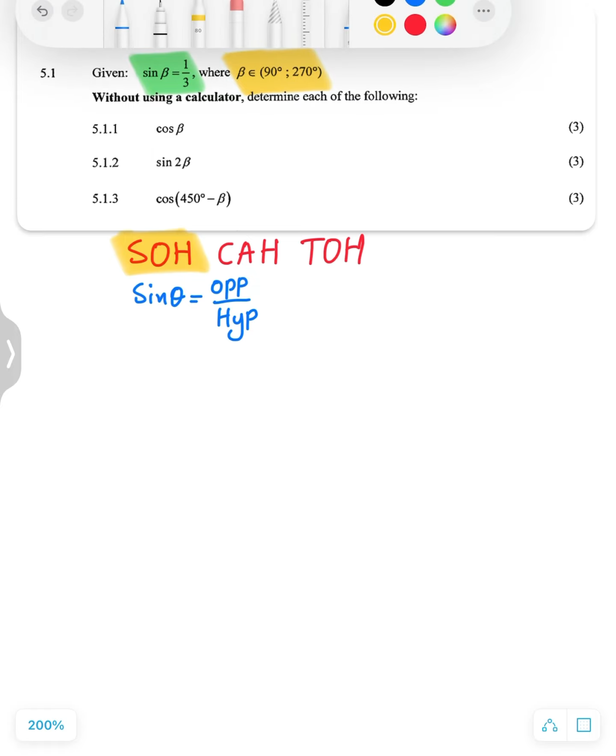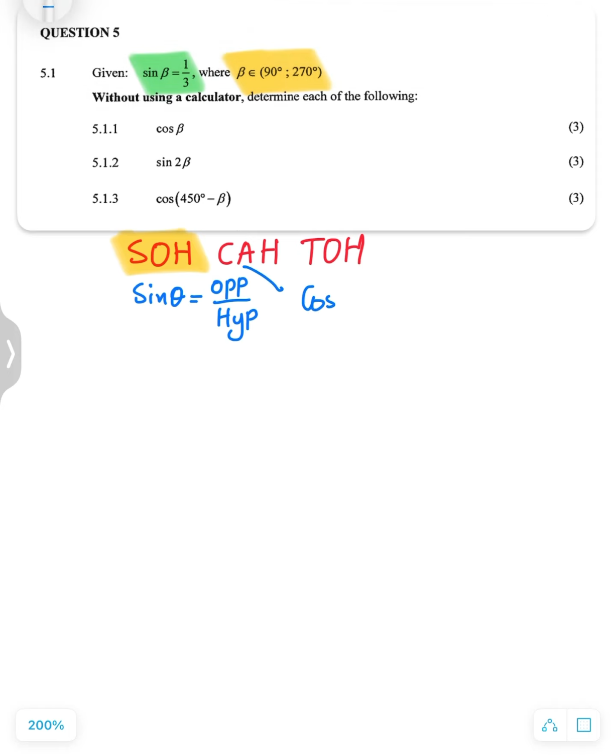And then we have C, which stands for cos. So this C here stands for cos theta. A stands for adjacent, and then H stands for hypotenuse.